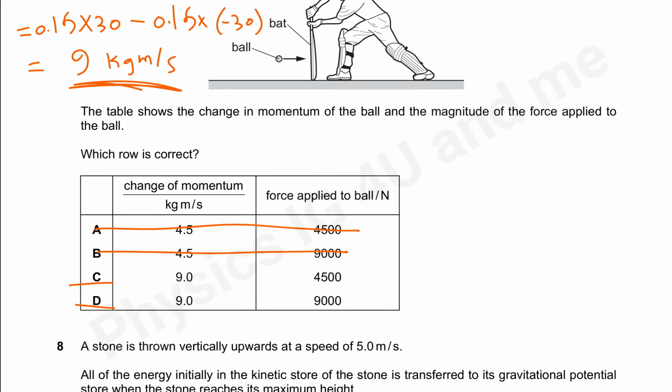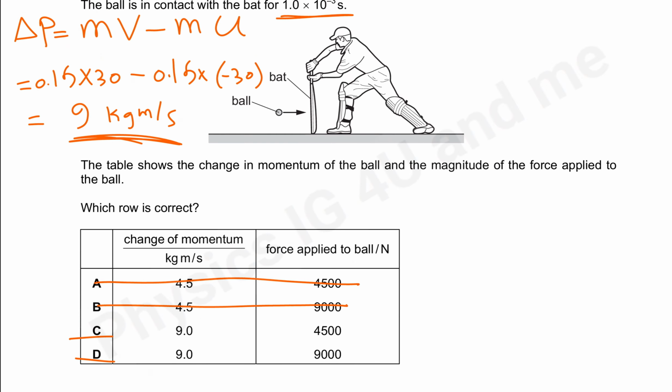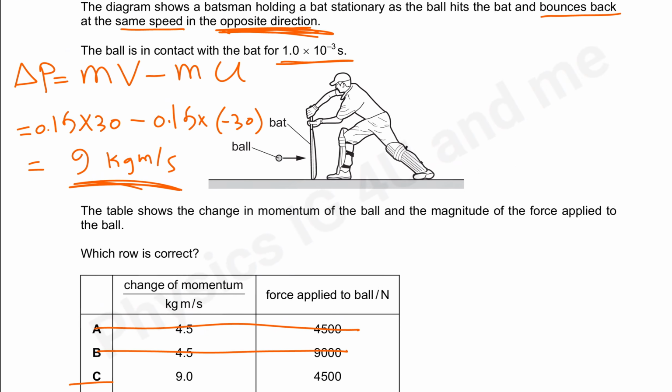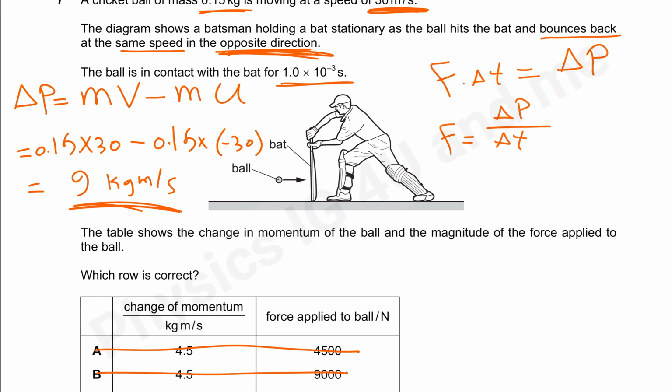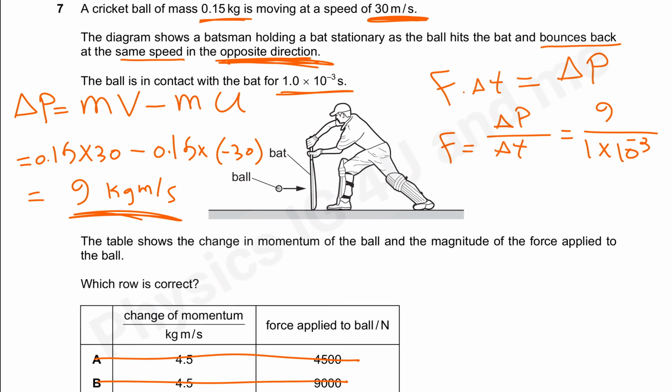Now they want the force applied to the ball. We know already that force multiplied by change of time, which is called the impulse, equals the change of momentum. So the force is going to be change of momentum over change of time, or the duration of time, which is 9 over 1 × 10 to the power negative 3, which is given here.